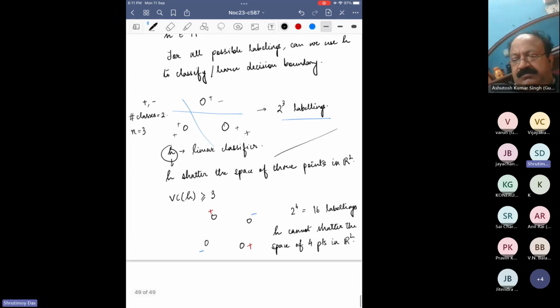So we saw that your VC dimension was greater than or equal to 3, but now we see that it cannot shatter 4 points.